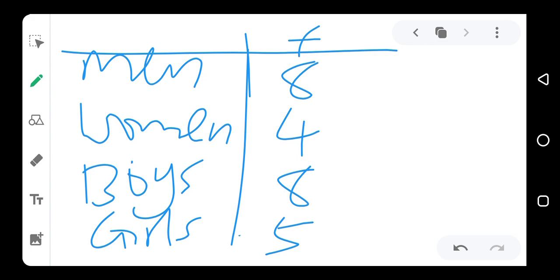After the frequency table, the next step we take is to calculate the total frequency.